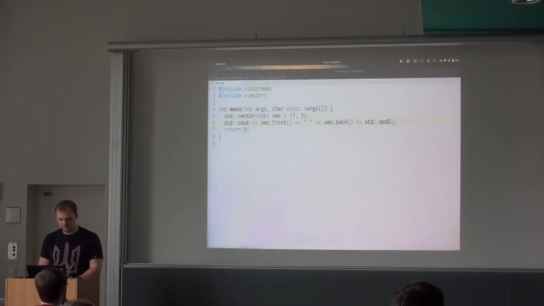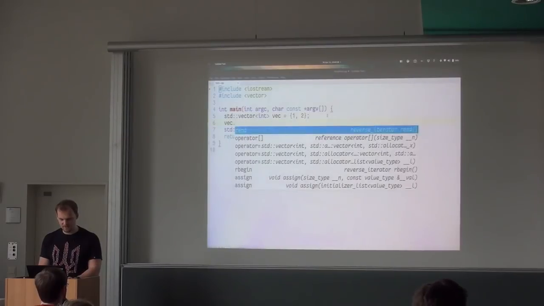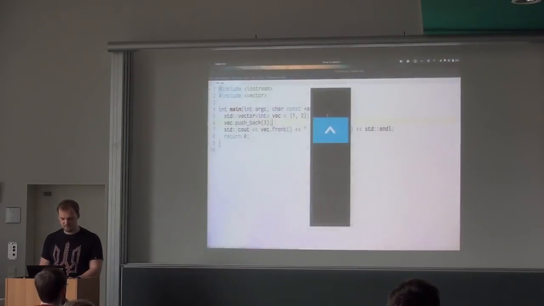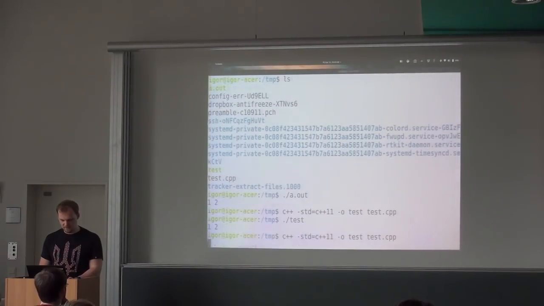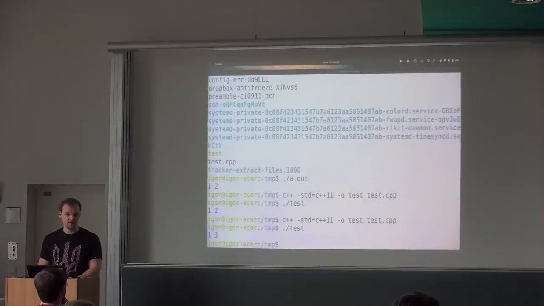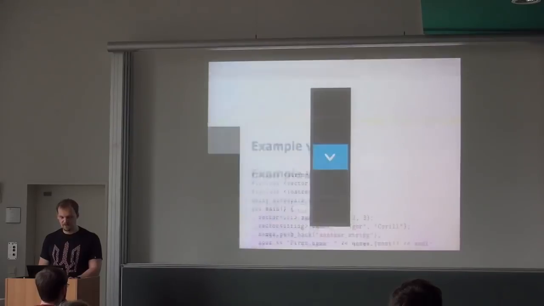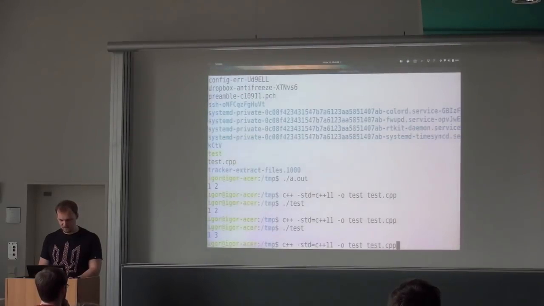Now, if I want to add something else to it, I can just push back like a 3, and it's gonna, whoops, that was not intended. I can build it again, and now it's gonna be 1, 3 because the last element is 3. As I told you, the compiler is generally smart, so if you try to add like a double instead, it should fail.